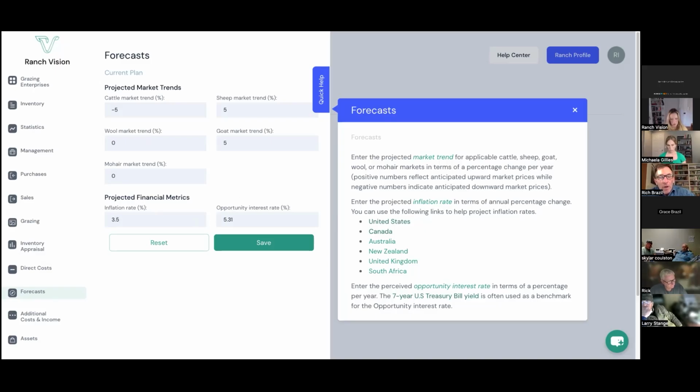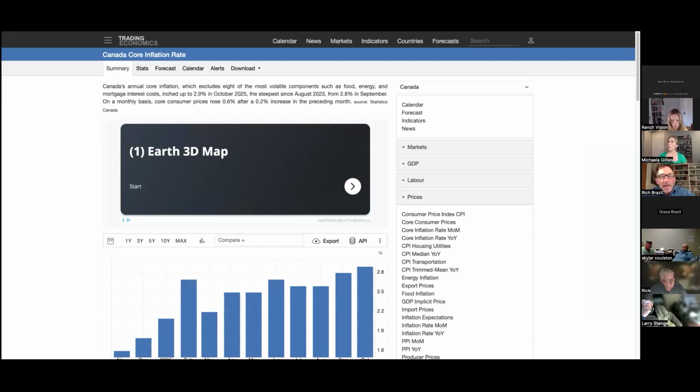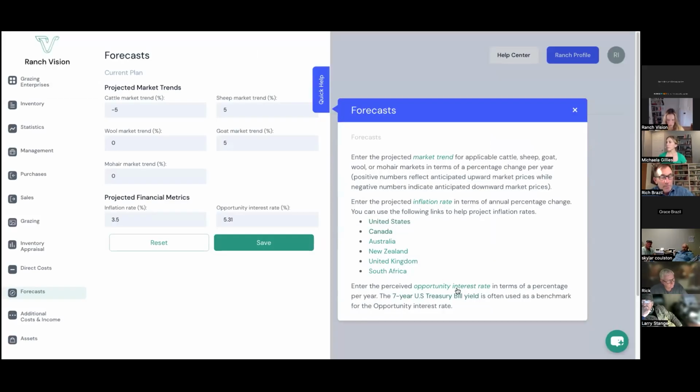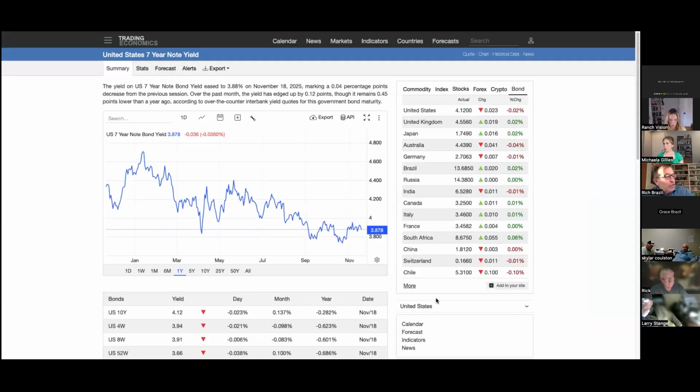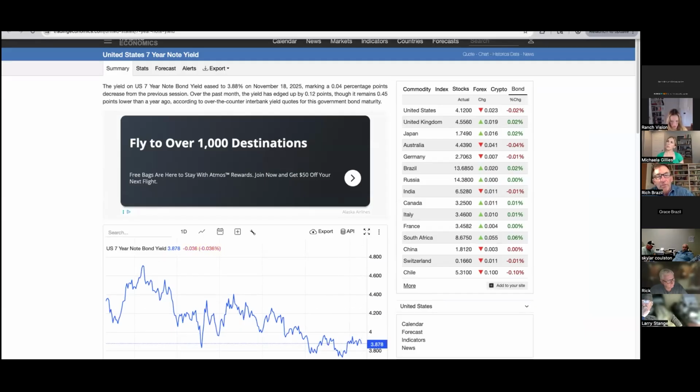Also, your opportunity interest rate that you identify. And we have links here in the quick help to help you know what, for example, the inflation rate is, whether this is in Canada right now, or wherever you might be. Also, for the opportunity interest rate, we give you a link to a 7-year treasury bill, which is a good benchmark for that for a lot of people.